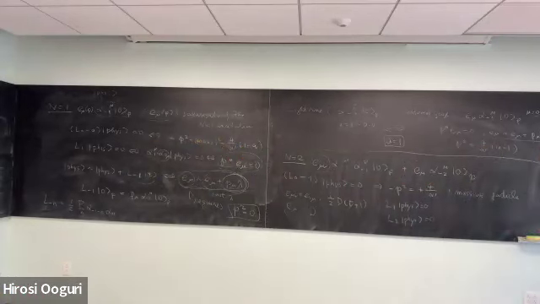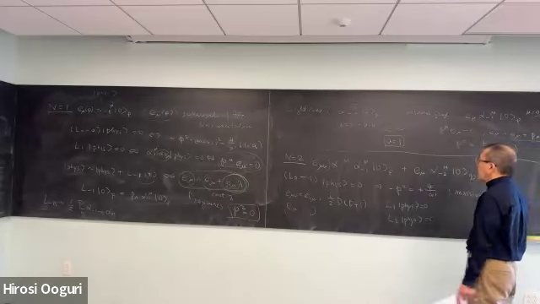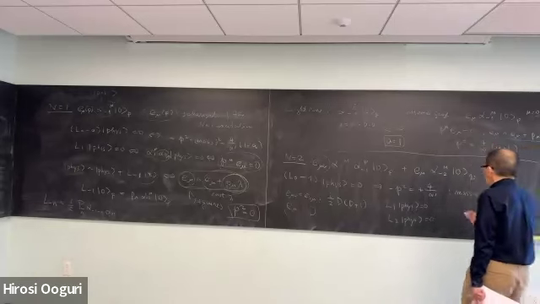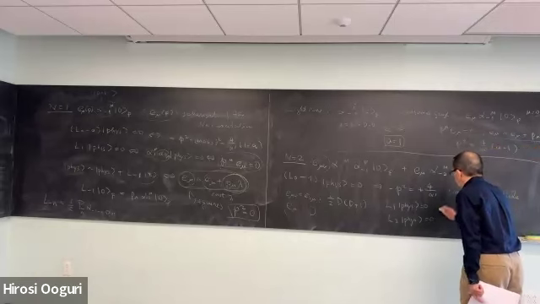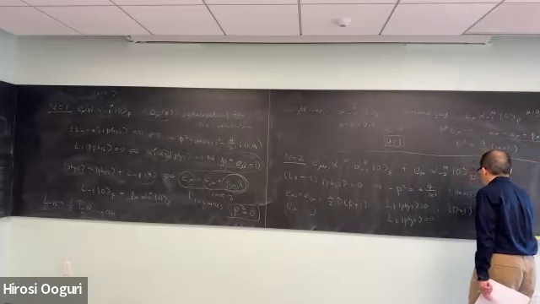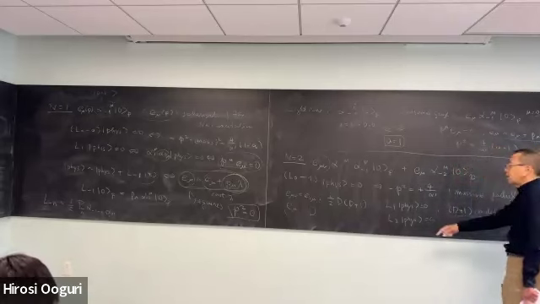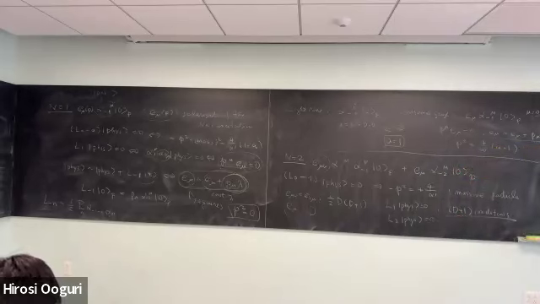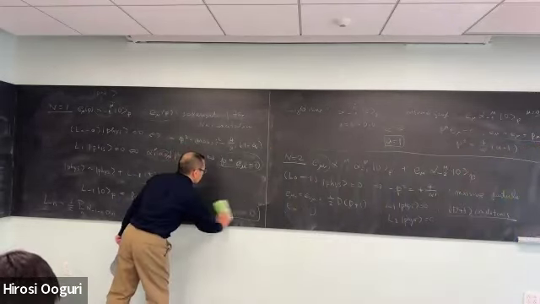Well, if you impose these conditions, then you will find that there are D plus 1 conditions. This gives rise to D plus 1 conditions. Okay, so how do we see that there are D plus 1 conditions?